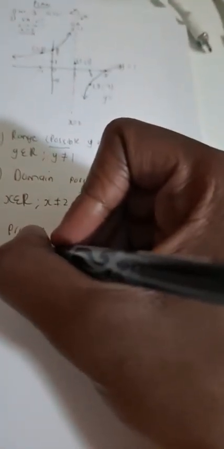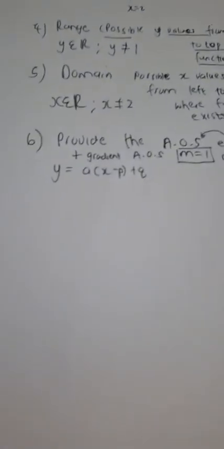We write this form: a(x minus p) plus q, because we are writing the equation of the axis of symmetry that has a positive gradient. Remember I said the gradient will always be equal to 1. Grade 11, grade 12, even grade 10, the gradient will always be 1.